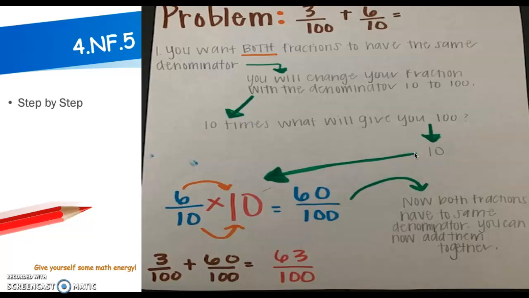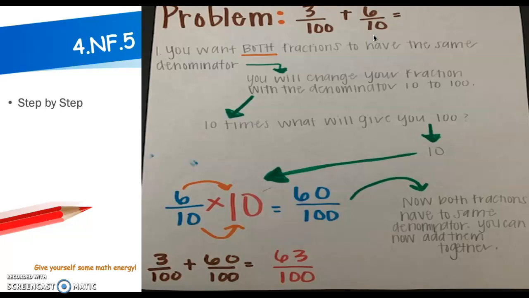All right. So I just took a problem that you had yesterday so you can see what it should look like. So let's go ahead and look at the problem. We have 3/100 plus 6/10. What do you notice about these denominators? The first thing that I see is they are not the same number at all.